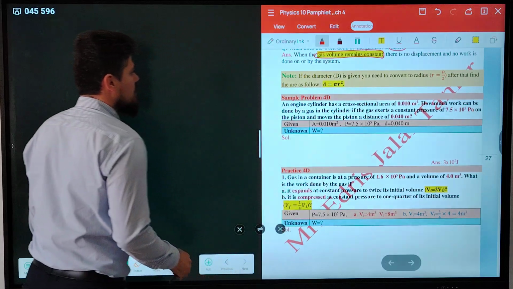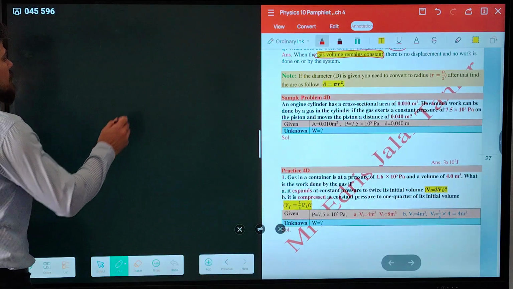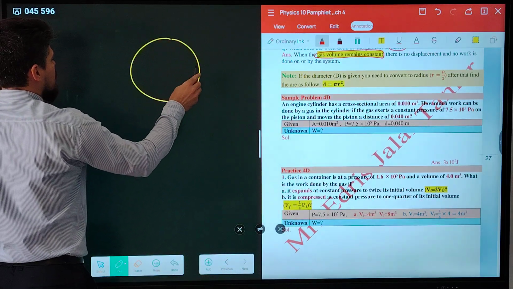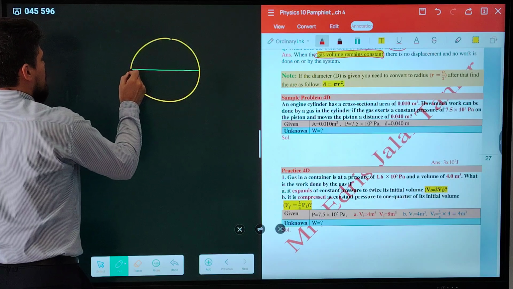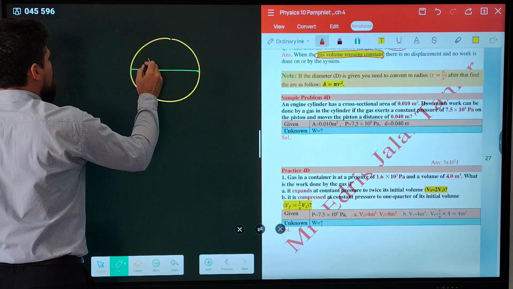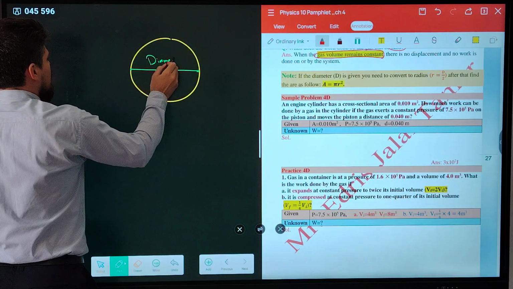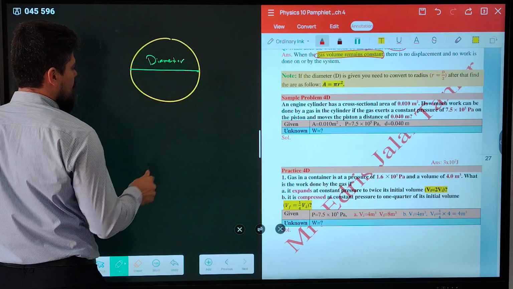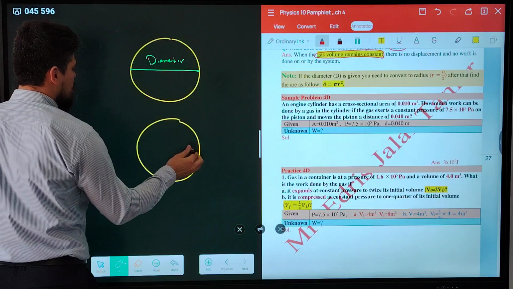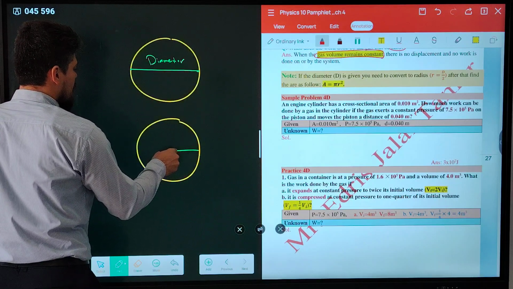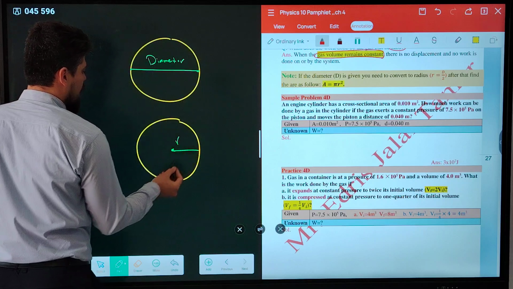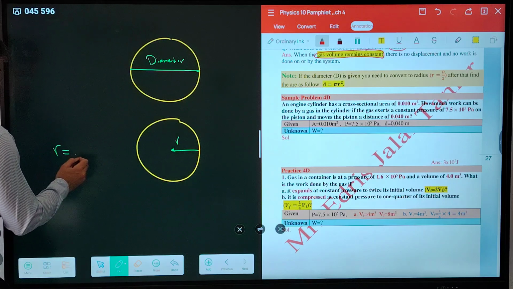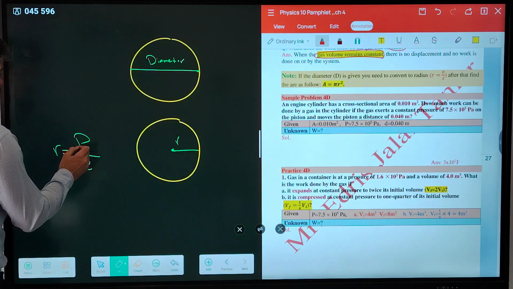Sometimes the diameter is given. So this is the circle. This distance is called the diameter. But we also have the radius. What is the radius? Half of the diameter. Radius is equal to diameter divided by 2.